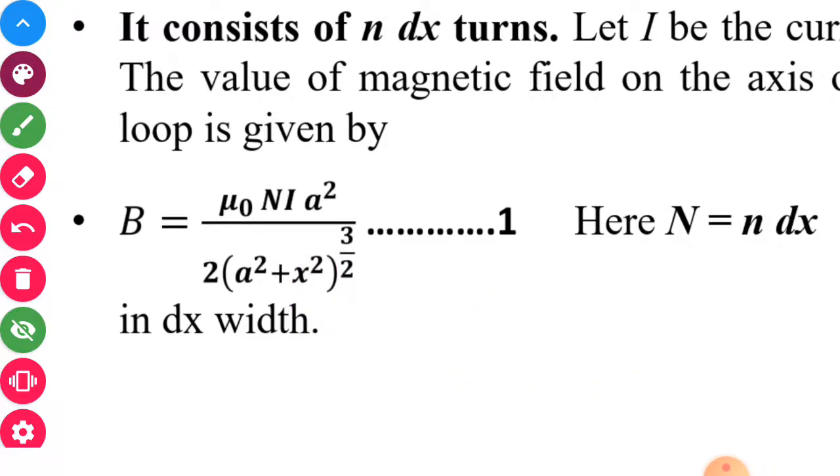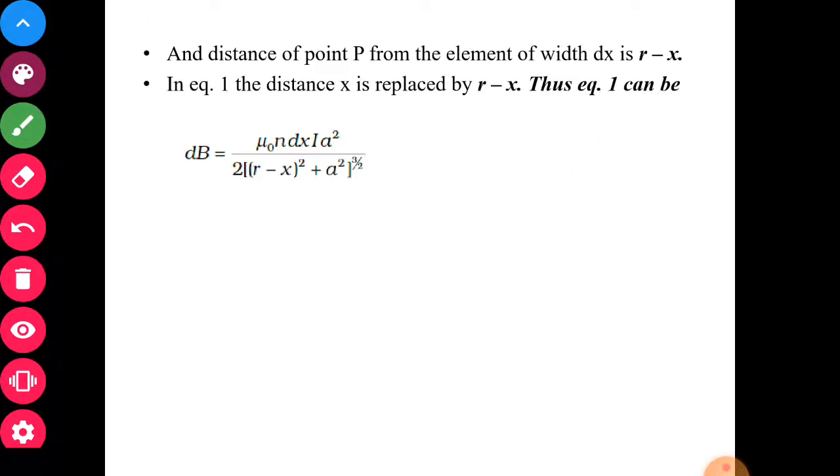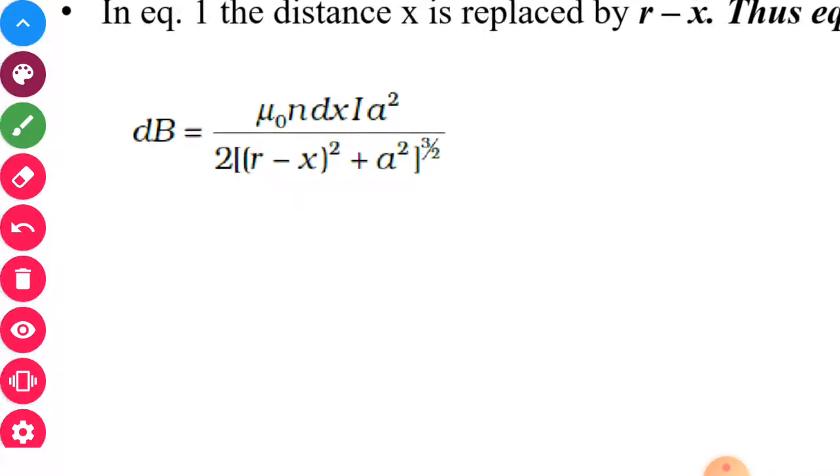So that much modification is done in the next equation. Instead of that capital N, we have written n into dx, and instead of x it is written as r minus x, all other things are the same. That way you try to understand what the changes in the equation are.